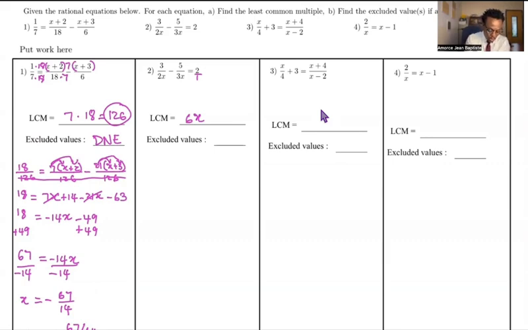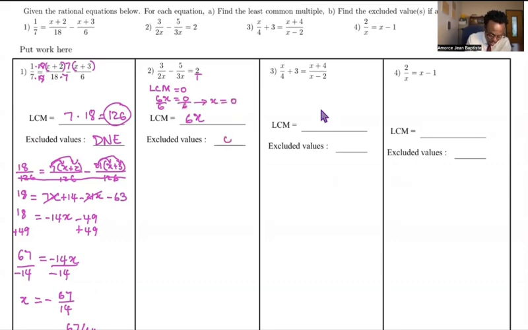Now we should solve least common denominator equals 0 so we can find the excluded values. So that's 6x equals 0. Divide by 6. We get x equals 0.